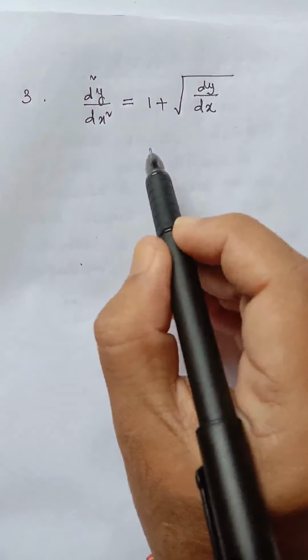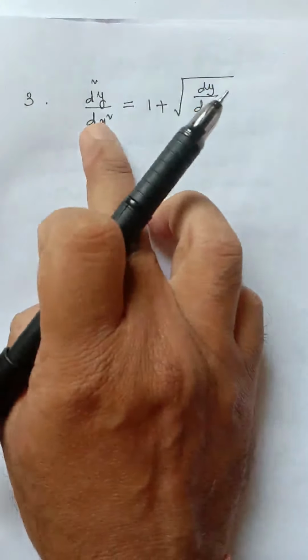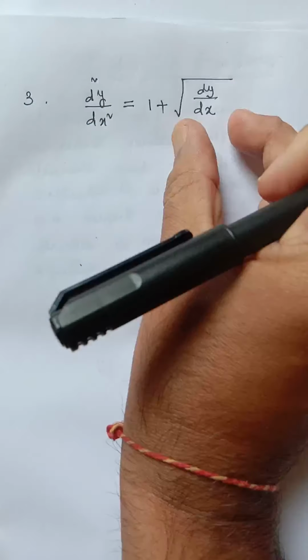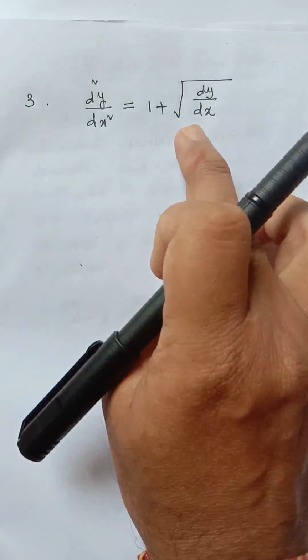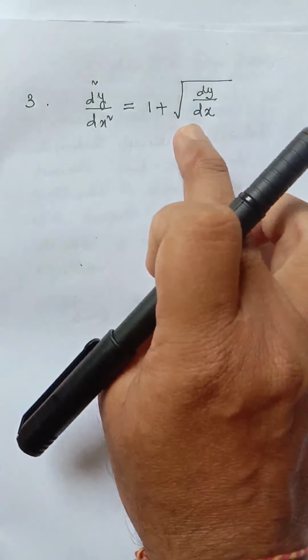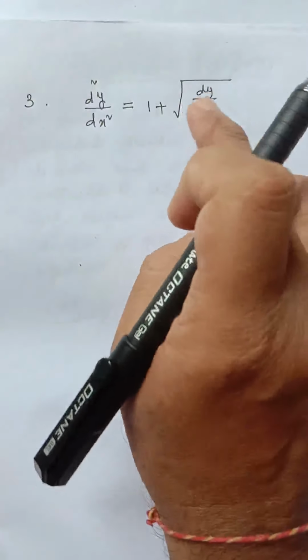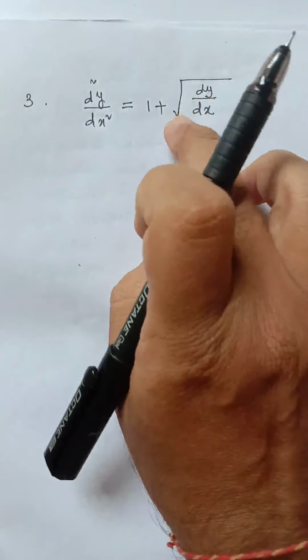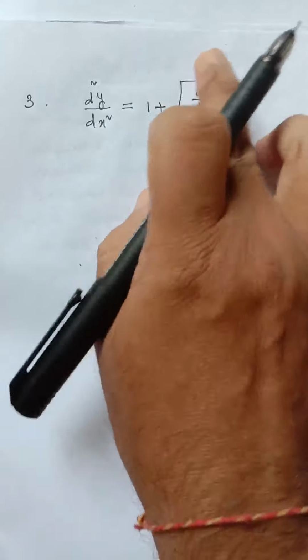It means if there is a root sign over any differential coefficient present in the equation, we have to remove it before finding the degree of the differential equation. Here we have a root sign, and within it we have the differential coefficient dy by dx.